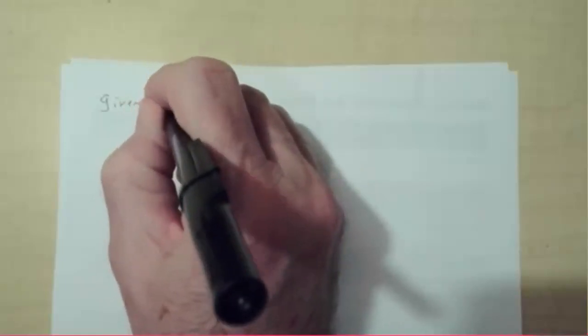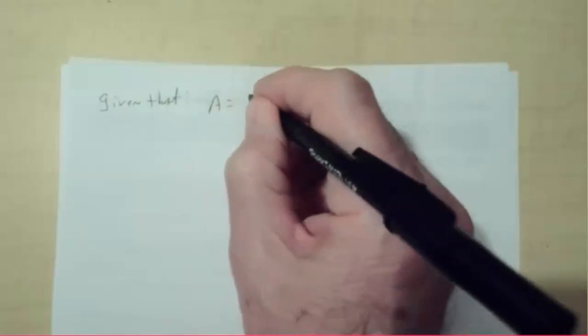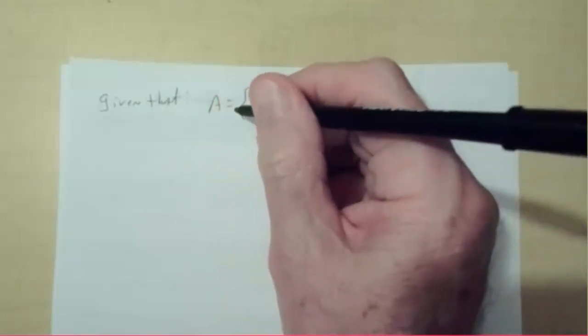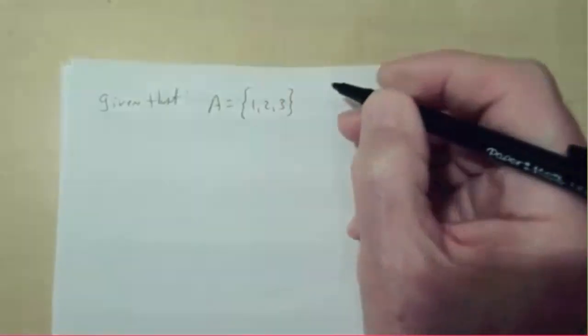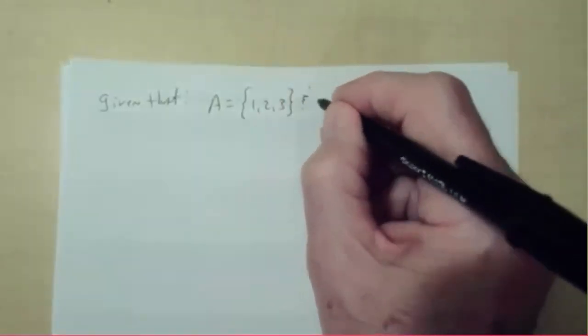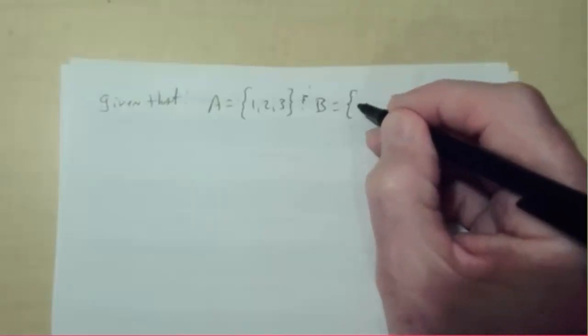Okay, so if you're given that A equals the set of elements 1, 2, 3, and B is 4, 5, 6.